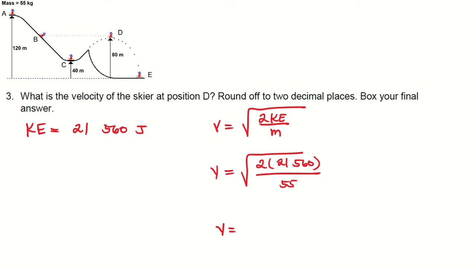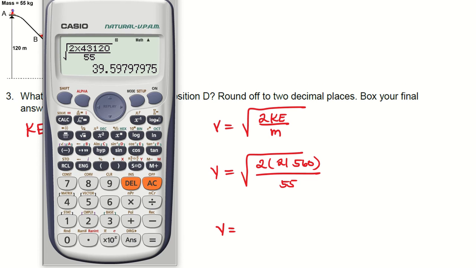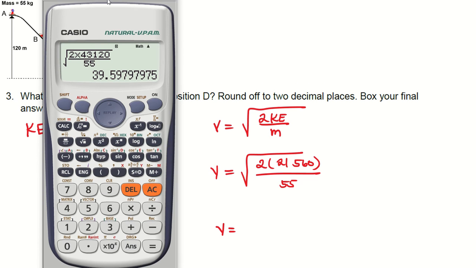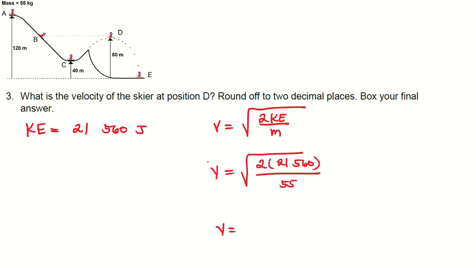We can use a calculator to find the value of this velocity. We'll get 28. So the velocity of the skier at this point is 28.00 meters per second.